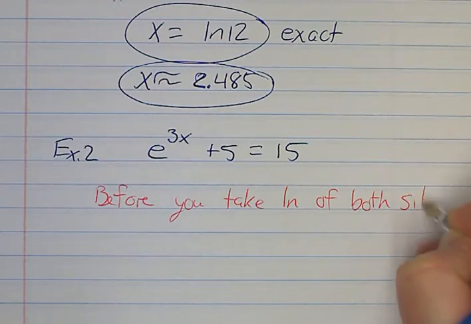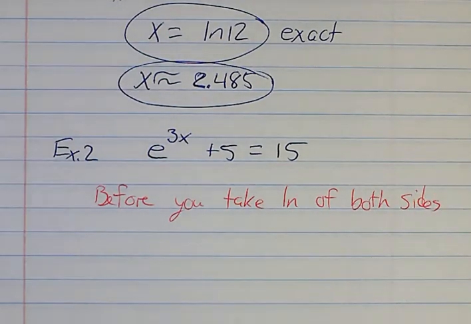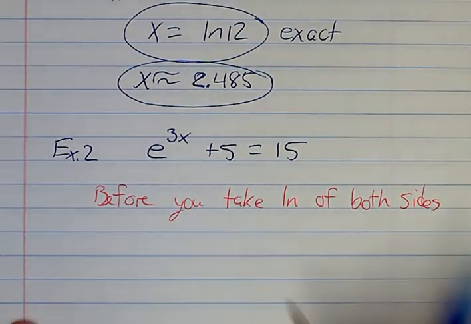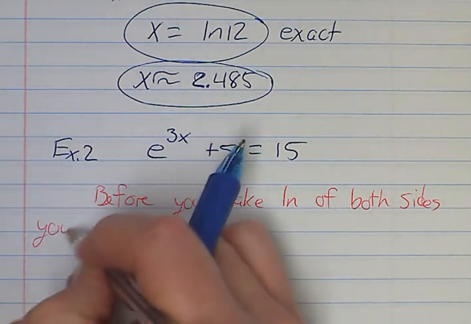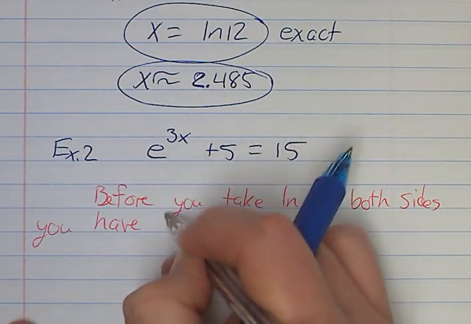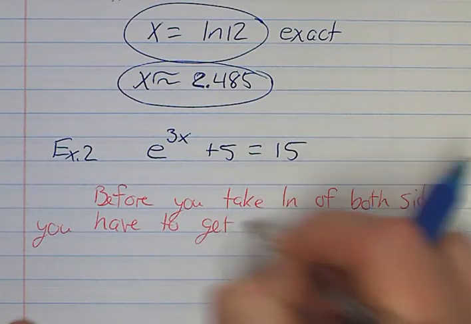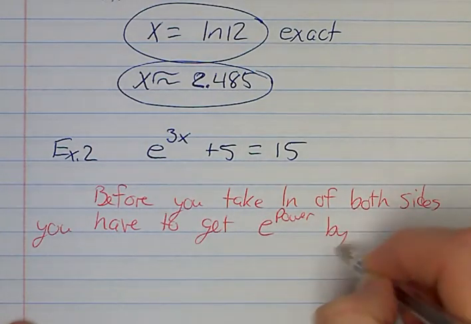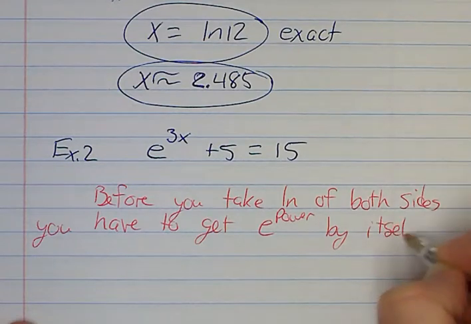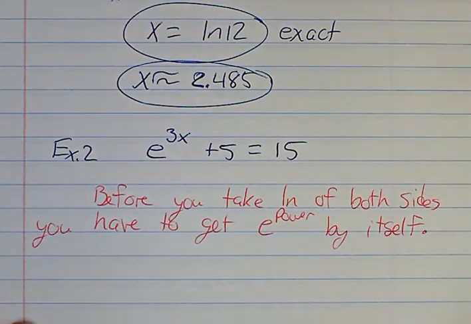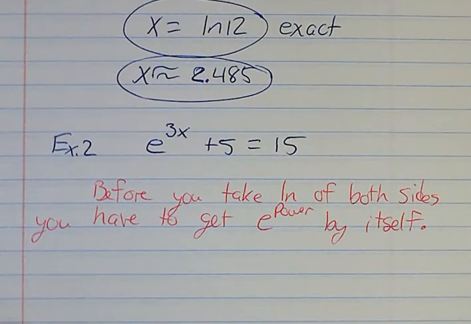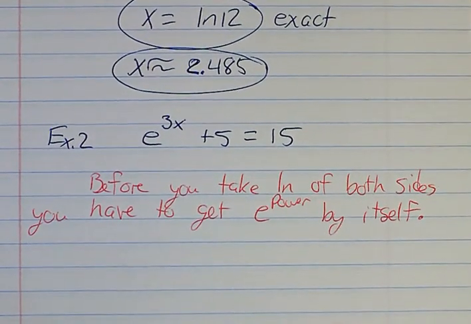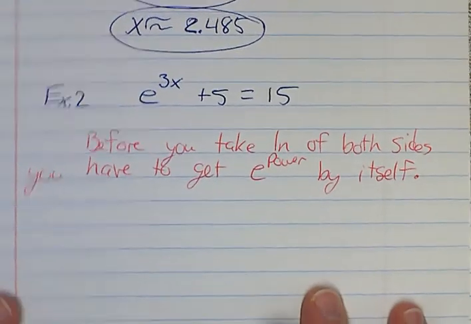Before you can take the ln of both sides, you have to get e to the power by itself. And to get the e to the power by itself, it's never anything too complicated for now.